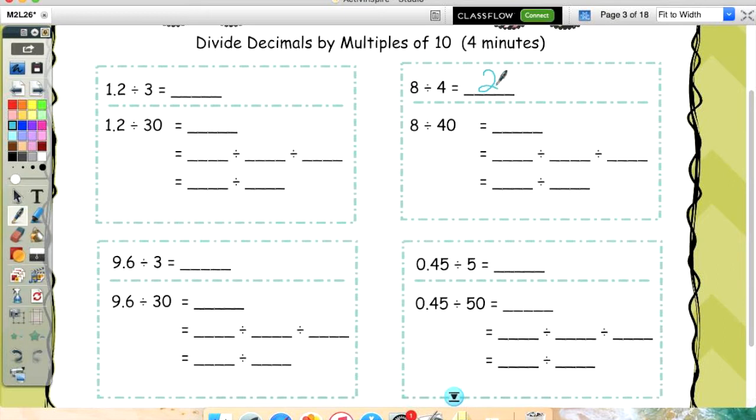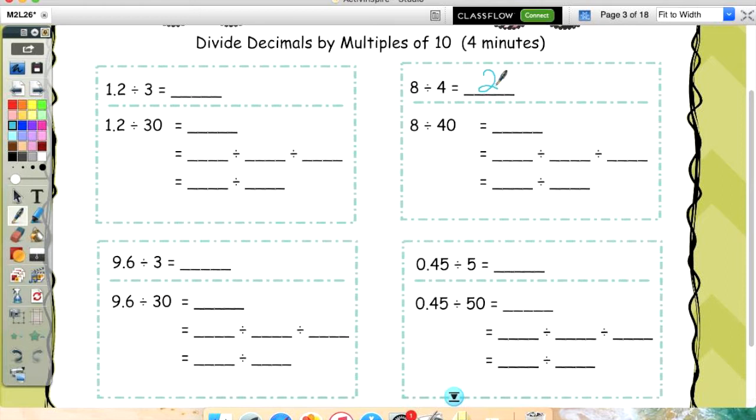Yeah. Okay. So how is that going to change if I do 8 divided by 40? And I thought that I couldn't divide a small number by a large number. Well, you thought that in 4th grade. We now know in 5th grade you can.